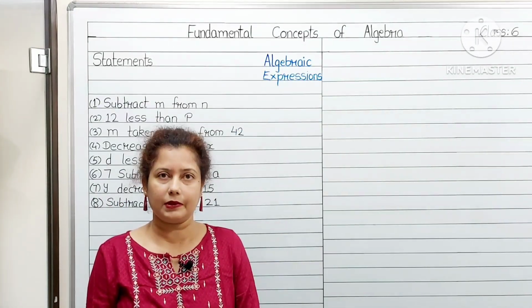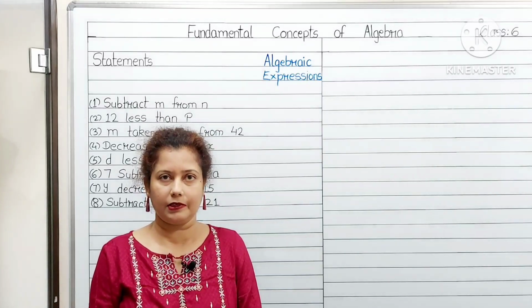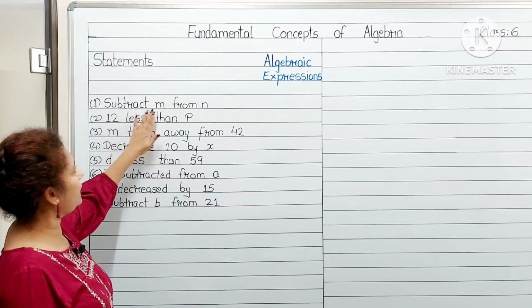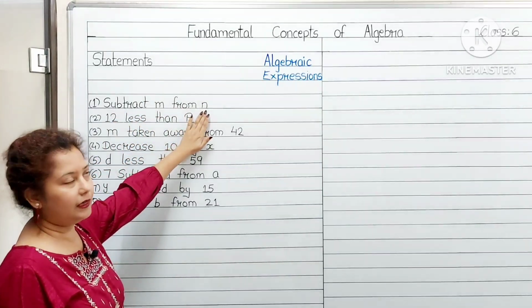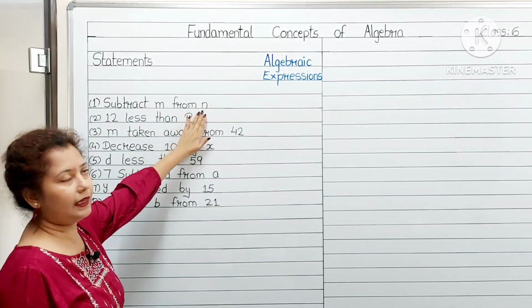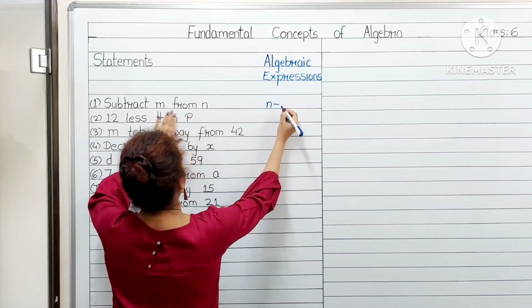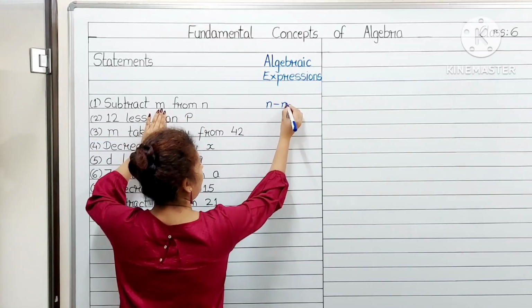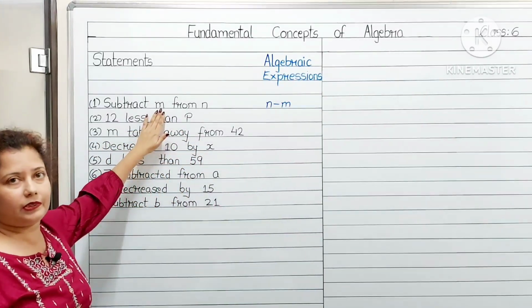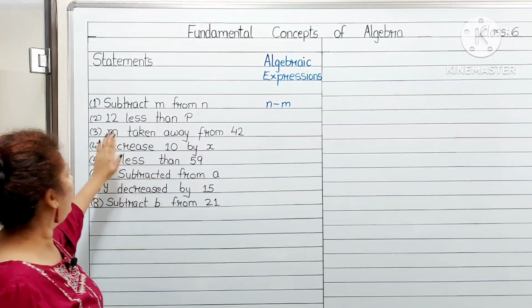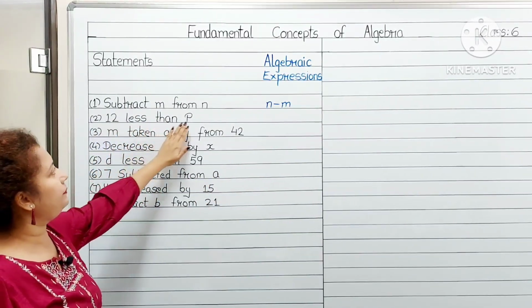Now we will see a few simple algebraic expressions for subtraction. First statement is subtract m from n. So here from n is there, that means we have to write n first and from that we have to subtract m. So the algebraic expression will be n minus m. 12 less than p.